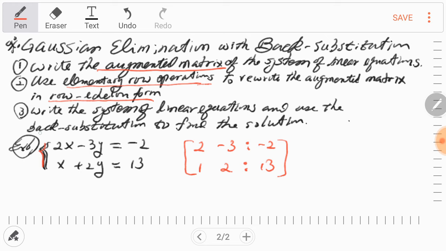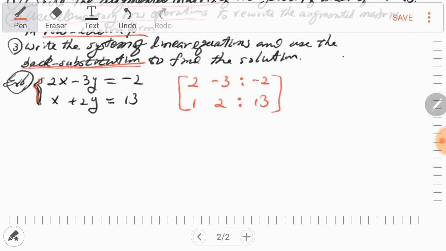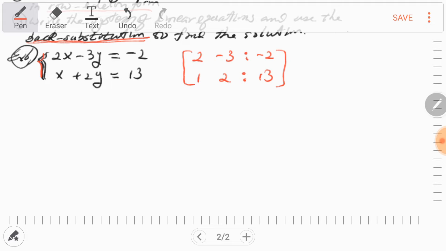So that is using back substitution to find the solution. Back substitution means the third row is the value of z. So starting from the third row, find the value from the second row, and find the value of x from the first row. So let's try solving the system of equations using matrix.